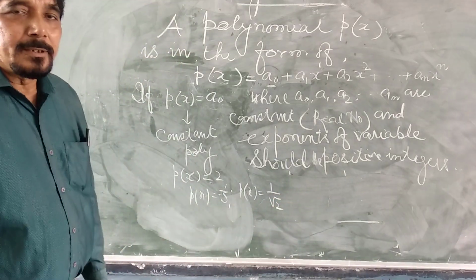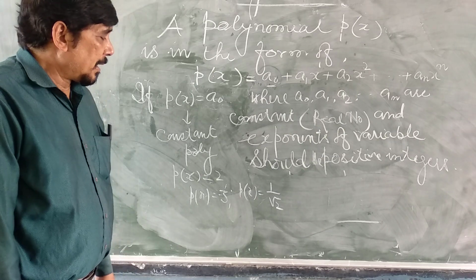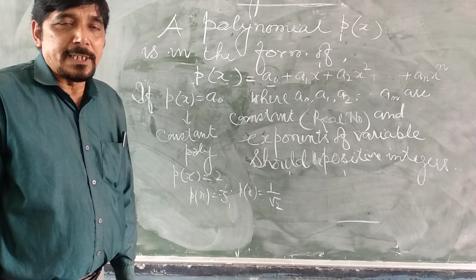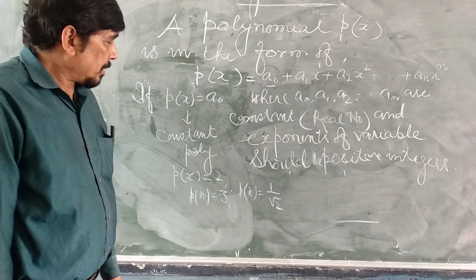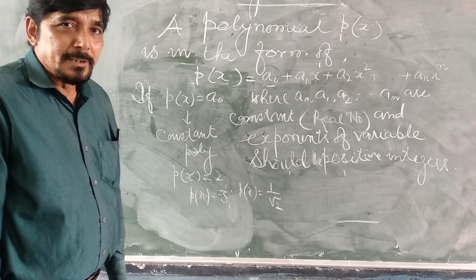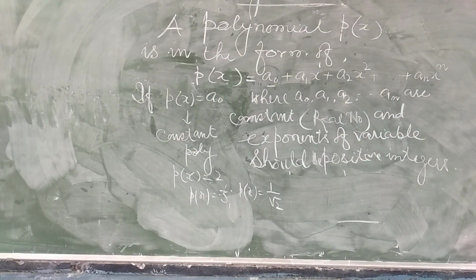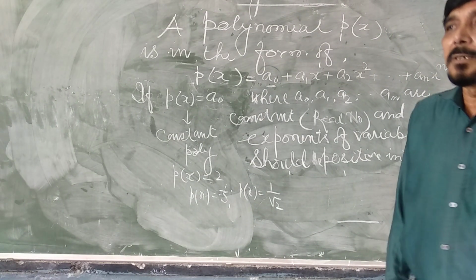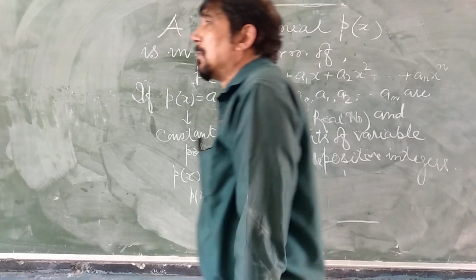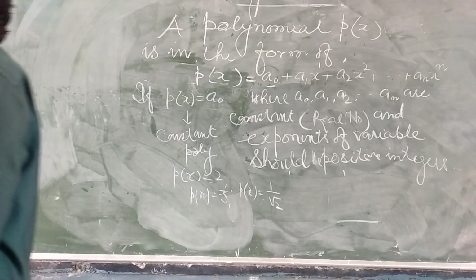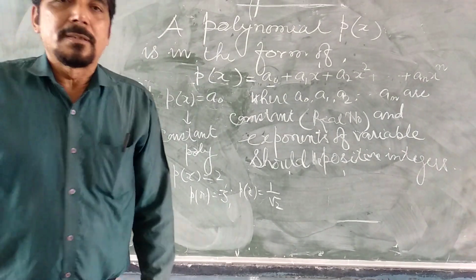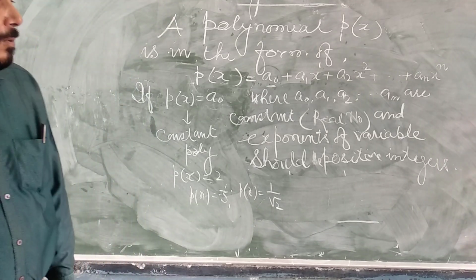It has only one term and it is in the form of a real number. You know, every number is a real number. It may be an integer, irrational, natural, whole number.